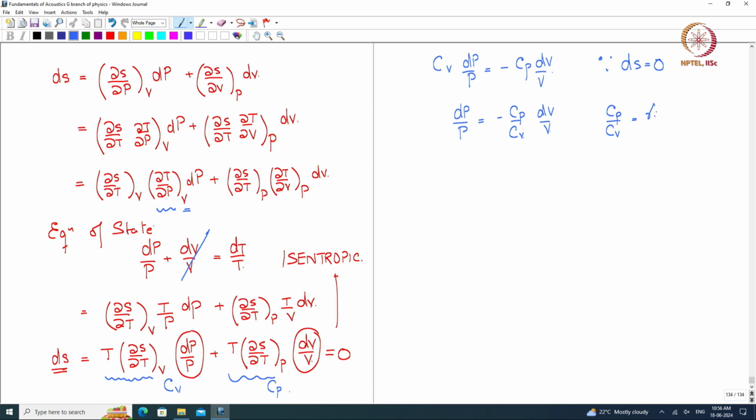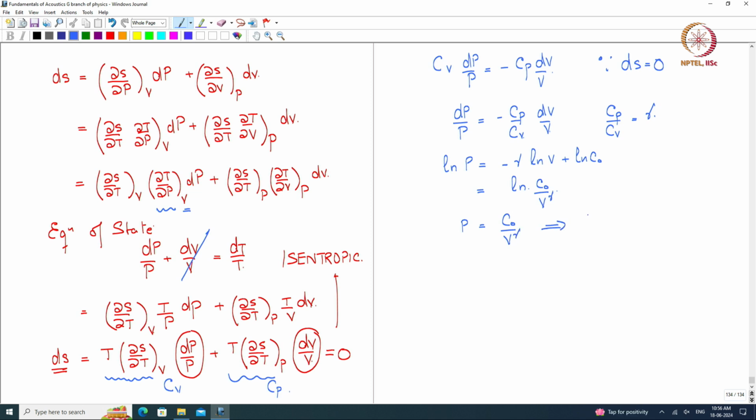is gamma, that ratio is gamma, and so what we have now, if we integrate, ln of P is equal to minus gamma ln of V plus another constant ln of C0, okay, and this we write as ln of C0 by V to the power gamma, or P is equal to C0 by V to the power gamma.